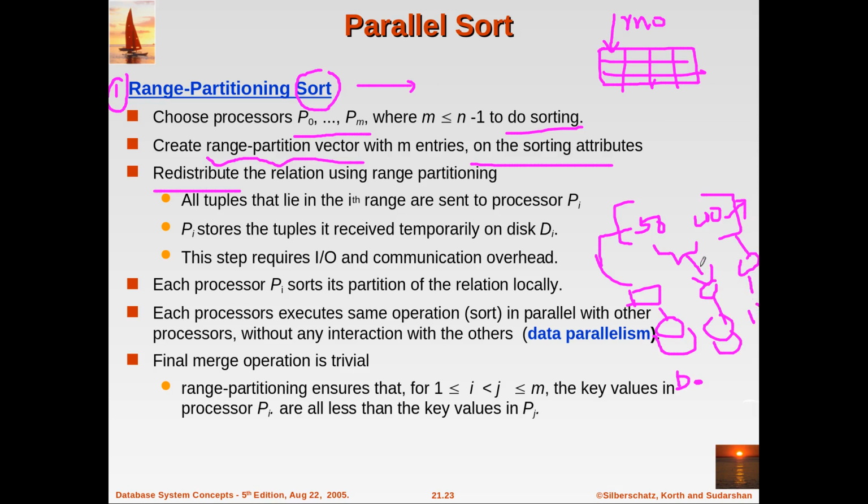That is what we expect, but the problem is that this step requires more IO and communication overhead, because each range has to be passed to a processor and disk and then sorted. Similarly, the second range's data has to be moved to another disk and sorted separately. So this is not an easy task. Therefore each processor Pi sorts its partition of the relation locally.